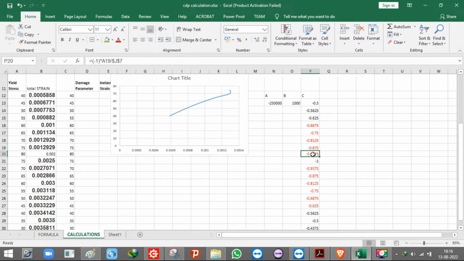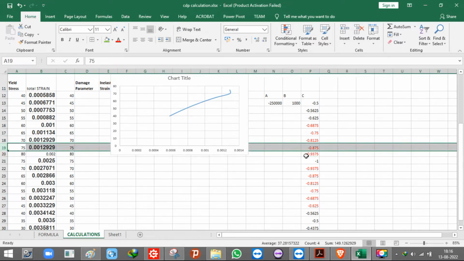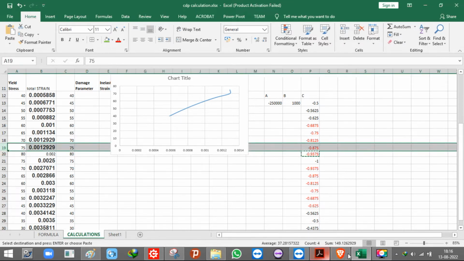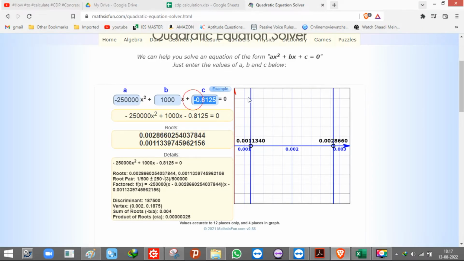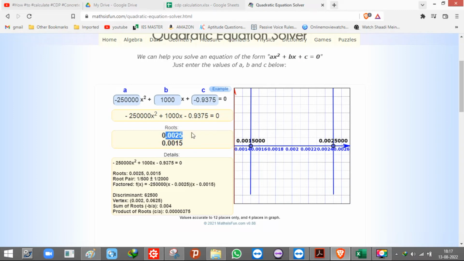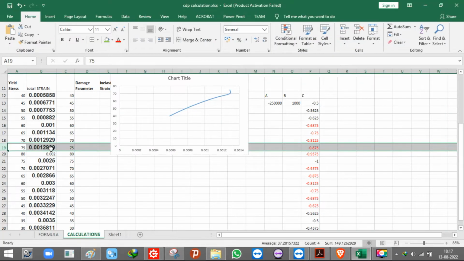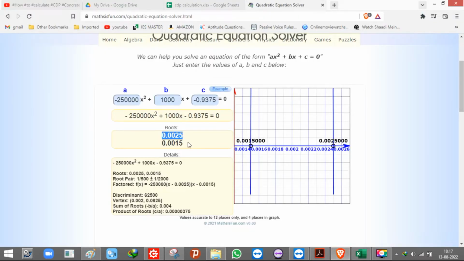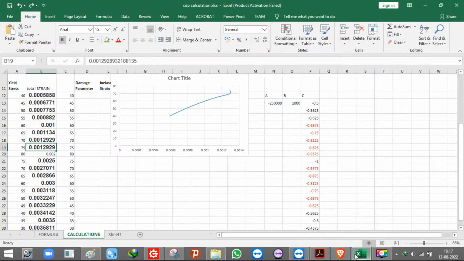So for this A19, we have made a mistake. Strain is this. Maybe 0.002, this one.